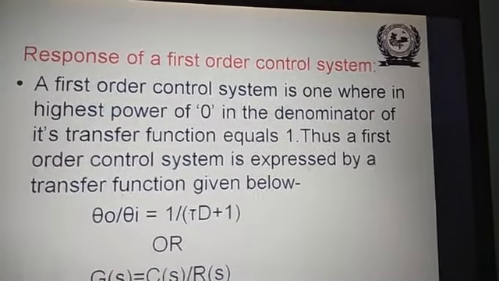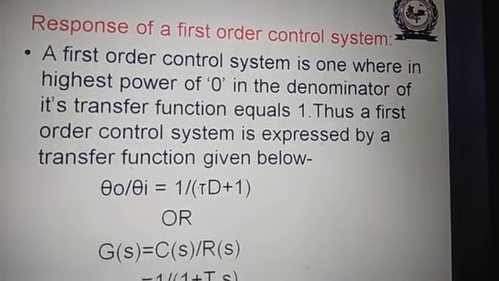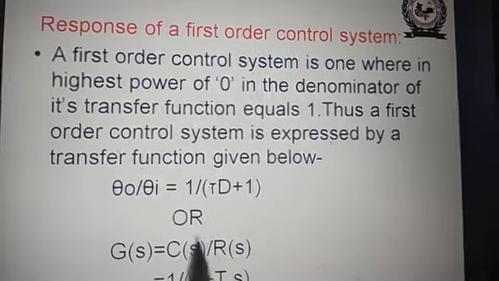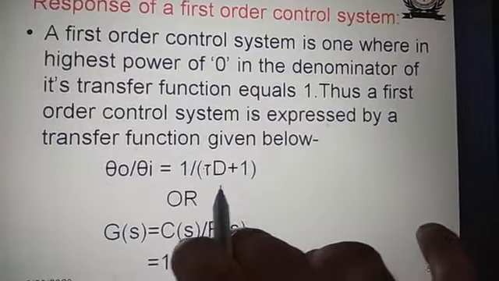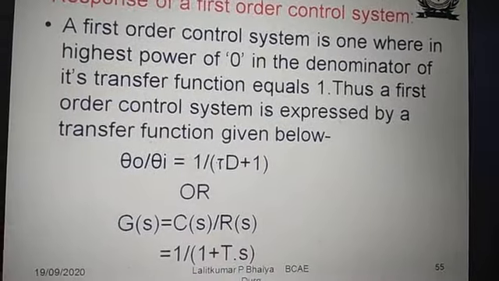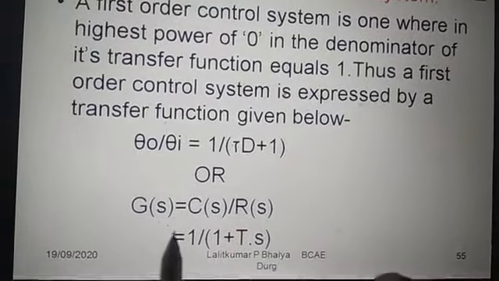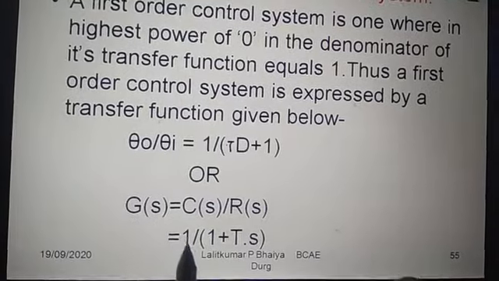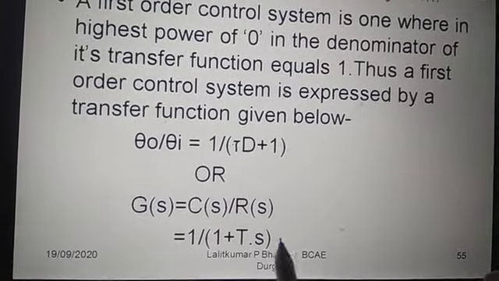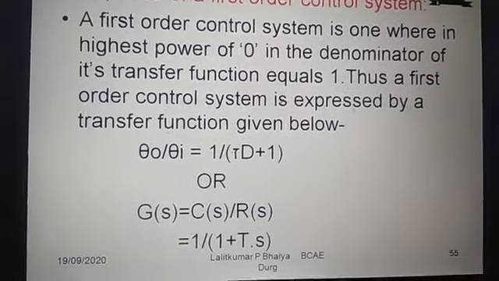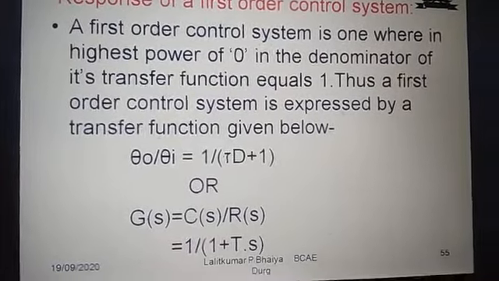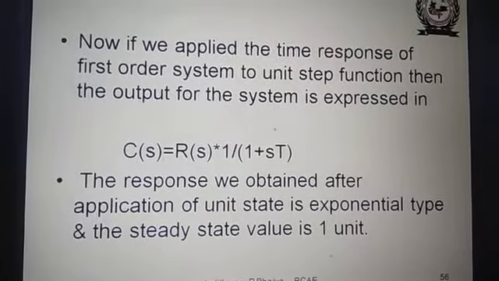Response of a first order control system. This is theta naught upon theta I, output upon input, equal to 1 upon tau D plus 1. This is first order, and in terms of the Laplace variable you can write 1 upon 1 plus Ts. Since s has power 1, and T is the time constant, it is called a first order system.